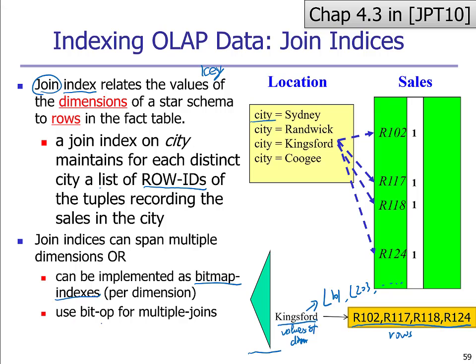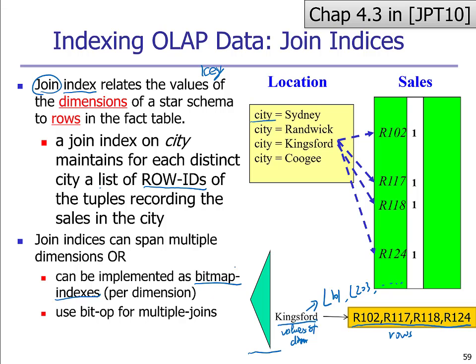So you can use bit operations for multiple joins, but you can also just merge the two lists. Well, it really depends on the length of the list, as well as the length of the total transactions.